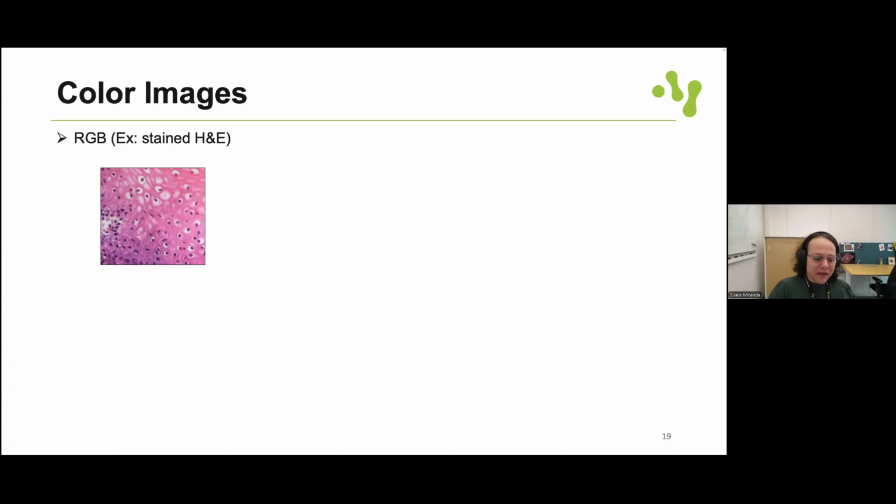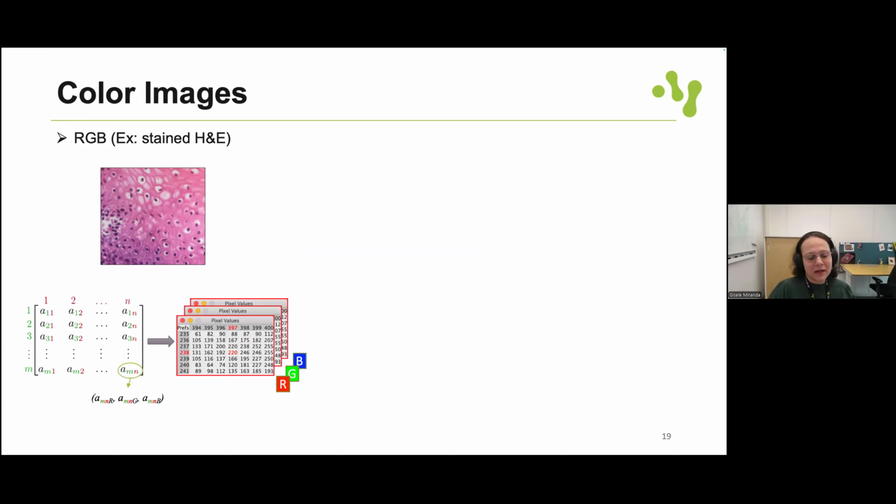So here we are talking about grayscale. Before, we talked about grayscale images. When we go to color images, like an H&E stained image, RGB means that we are representing this image in the red, green, and blue space, and we have one matrix for each of these colors.